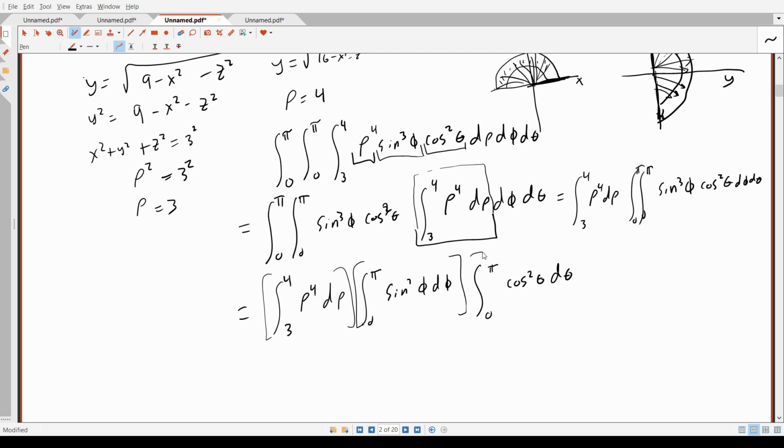This is what typically happens when I have a separable function like I do here, right? Where I can write it as a product of terms involving each of these different variables. For example, if I had something like sine of phi plus theta, this wouldn't be possible. I wouldn't be able to separate it out like this.